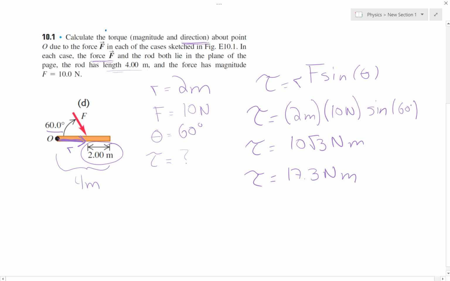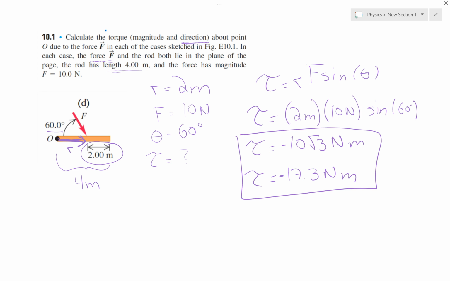So there's our magnitude. Now our direction: this thing is going to rotate in a clockwise direction, and clockwise is negative. So our answer will have a negative sign to show that it is rotating in the negative direction, which is clockwise.